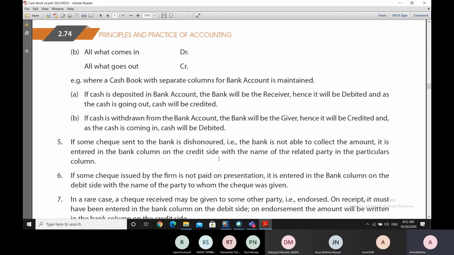Credit side is the right side, debit side is the left side. On the debit side, we write the receipts in the cash book, and on the credit side, we write the payments in the cash book.